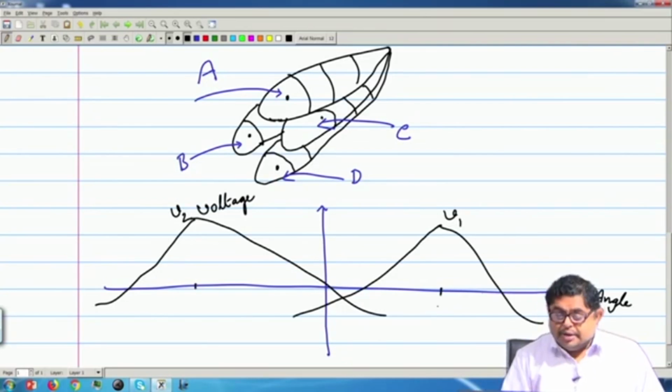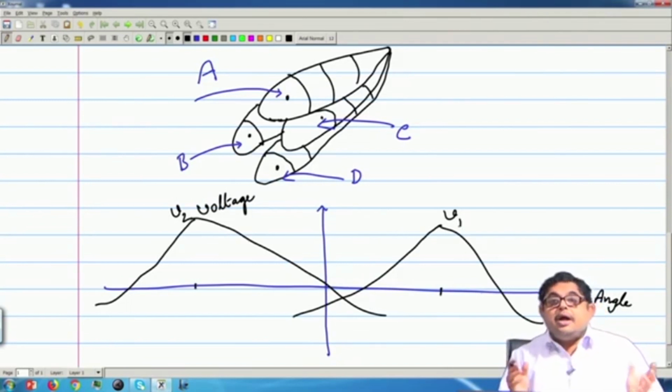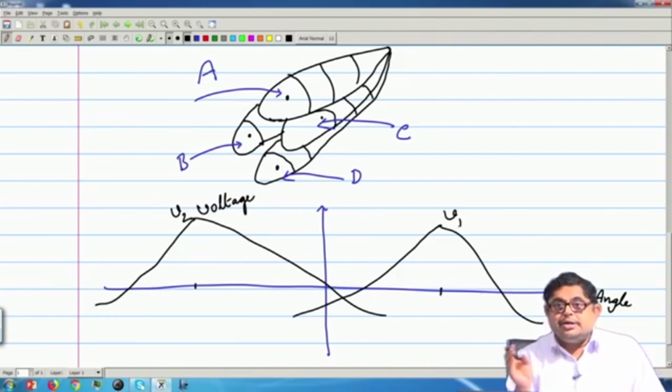Here, from the deviation I can find out whether the received voltage V1 is greater or not, because if the target is here then V2 will be larger than V1, and if the target is in this zone then V1 will be larger than V2. But how much is the angular separation from the axis, we cannot say here.